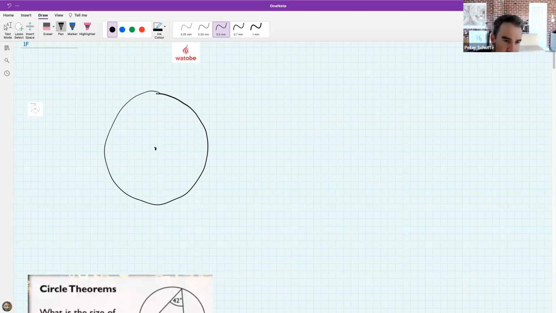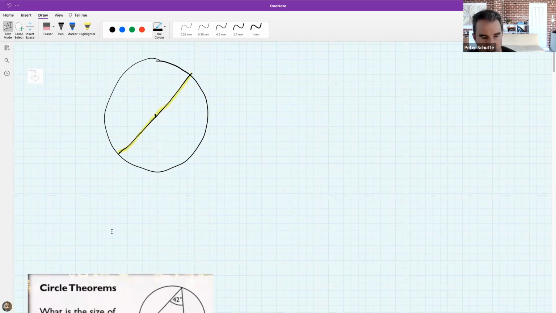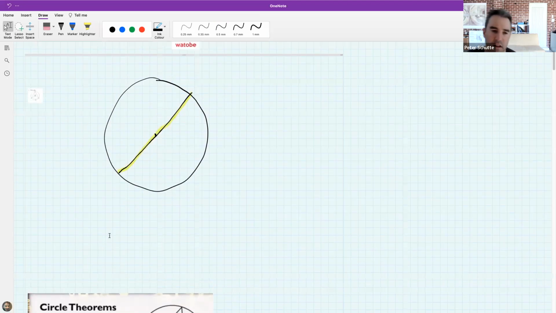I want to ask you in the chat to tell me what is the word for that particular line. Put your answer in the chat. In the world of circle geometry, what is the word for that? Oh, you guys are on fire. It is the diameter. And what if I choose these 2 points?